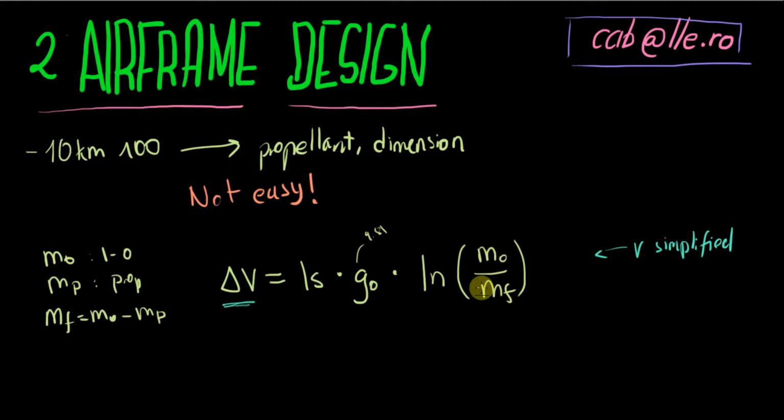Okay, so maybe if we have a rocket that weighs, I don't know, 100 kilos, in one design, you're always going to try to maximize the propellant mass, okay?